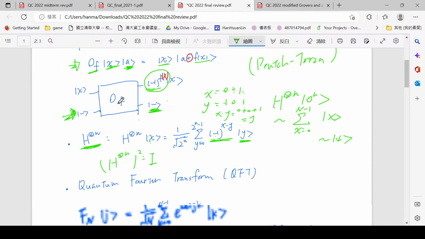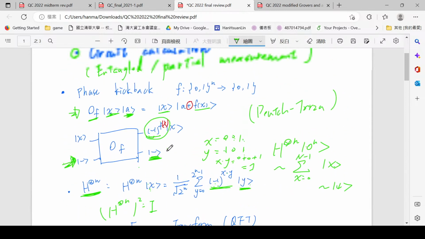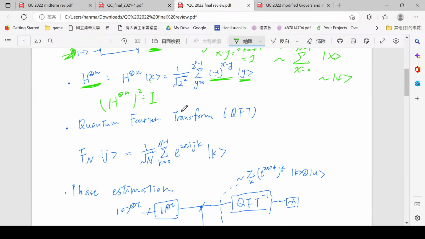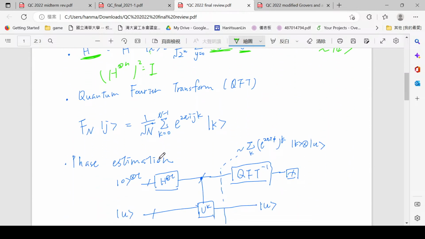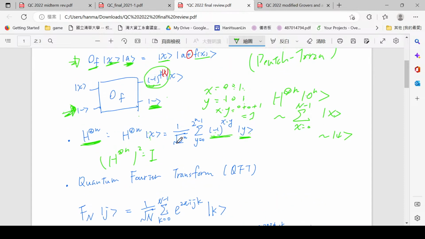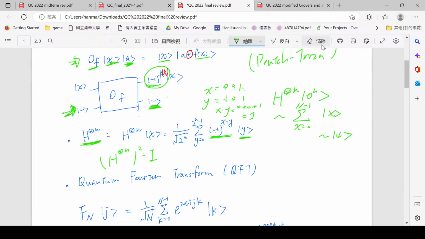Those two concepts, although we didn't quite say so, generalize to the idea of quantum Fourier transform and phase estimation. Some of these were taught before the midterm and some after, but there is a continuation.